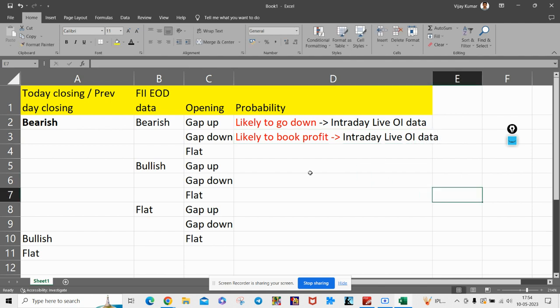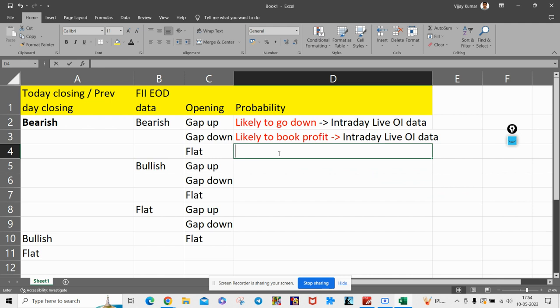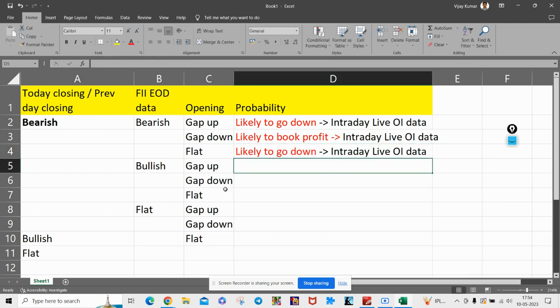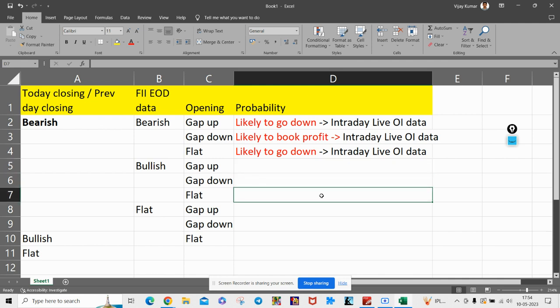And then when it is flat, it is likely to again go down, likely to take a dip, right? Or I'll use the same, likely to go down. Then it will take the future direction. So I hope you're getting the context of what I'm trying to convey. When the EOD data is bearish, these are the probability scenarios that can happen.